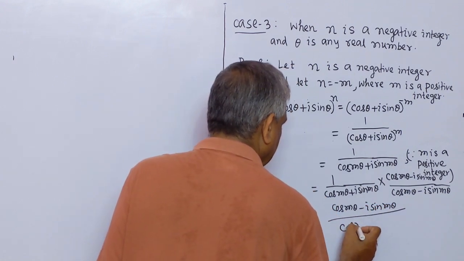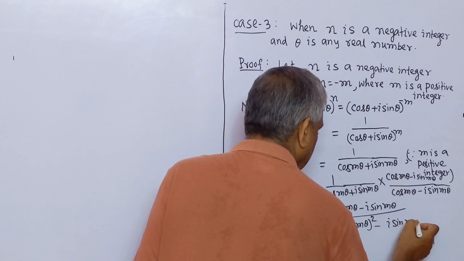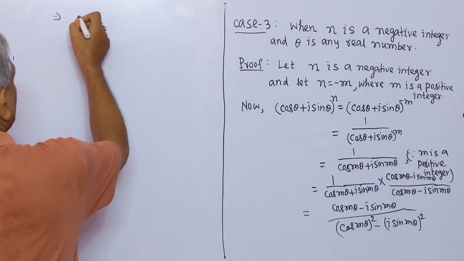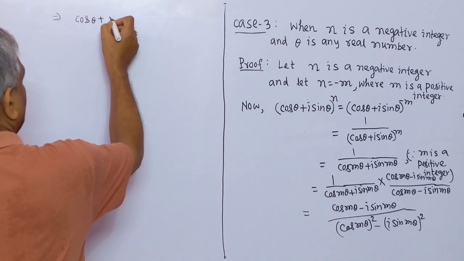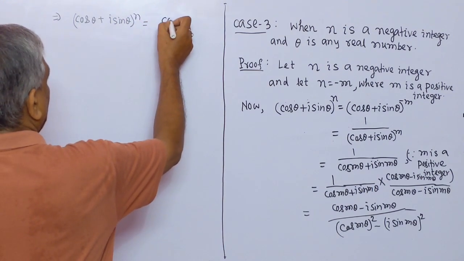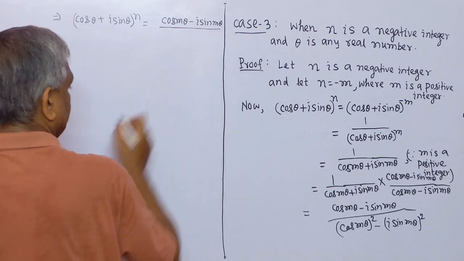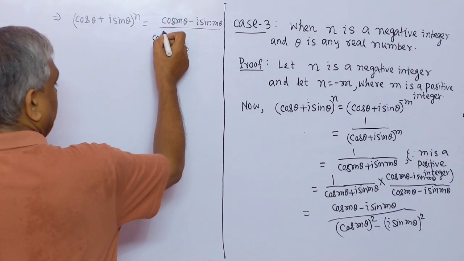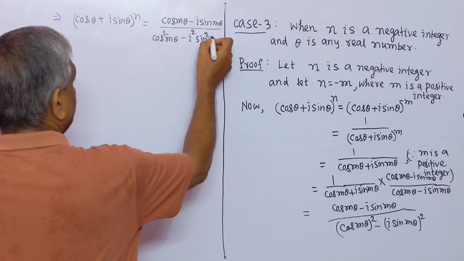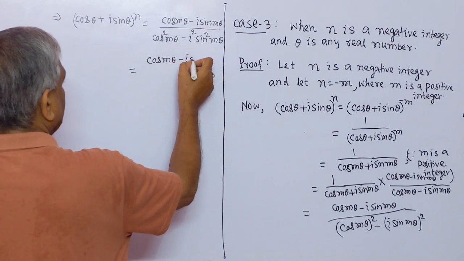Here (cos m theta) whole square minus (i sin m theta) whole square implies that (cos theta plus i sin theta) whole to the power n equal to (cos m theta minus i sin m theta) by (cos square m theta minus i square sin square m theta), and this will be equal to cos m theta minus i sin m theta.